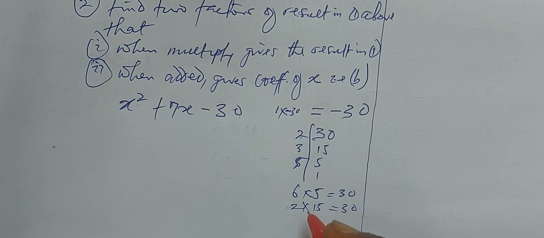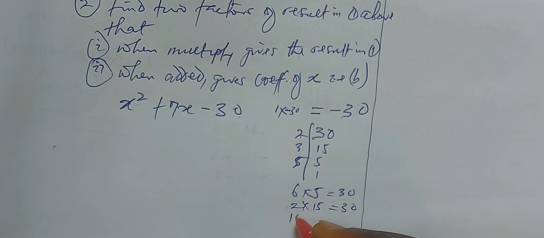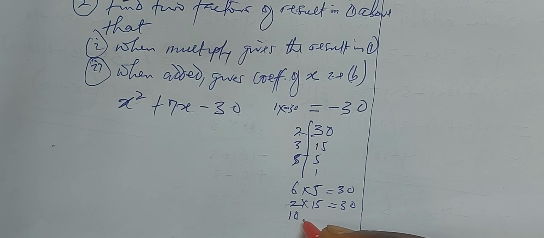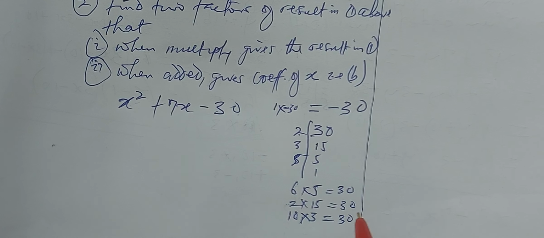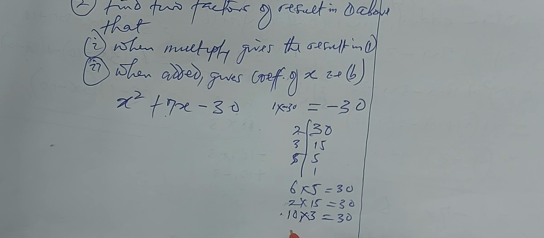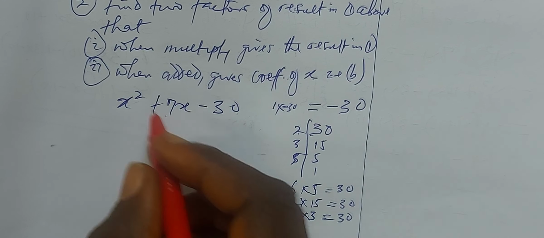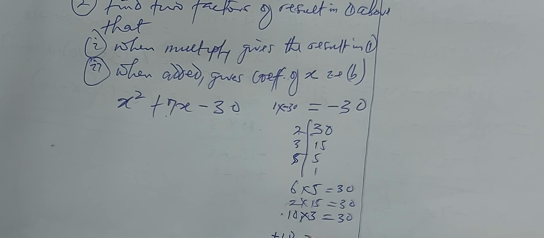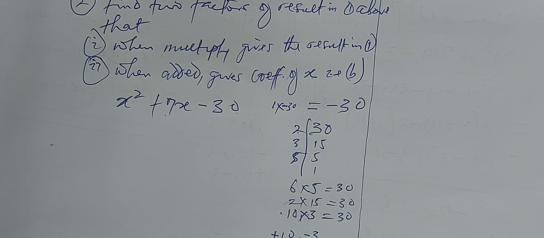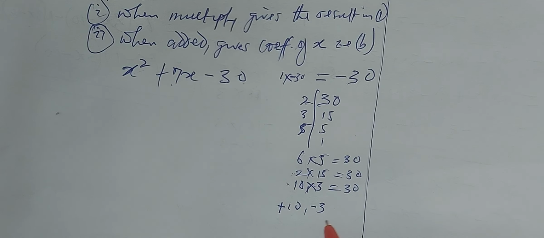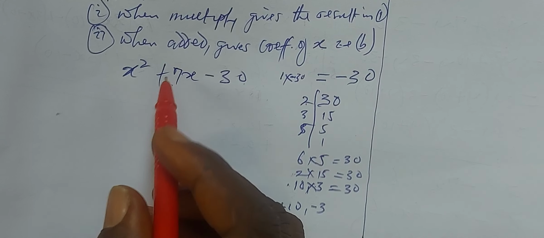So the next one is 10 and 3, which still gives you 30. When you add, if you change the sign, you are going to get 7. So we use plus 10 and the other one should carry minus 3, so you have plus 7 at the end.